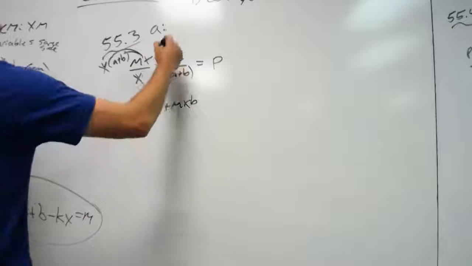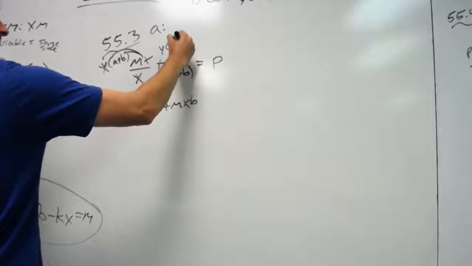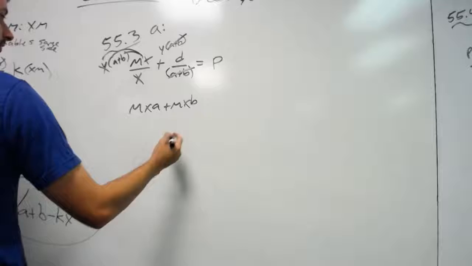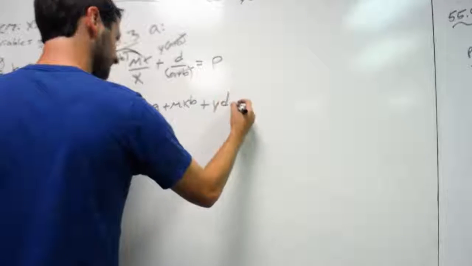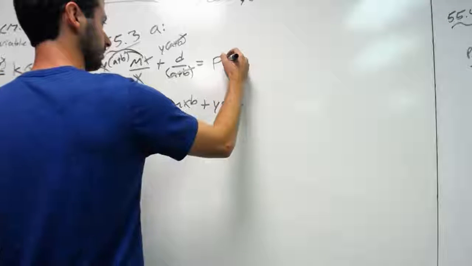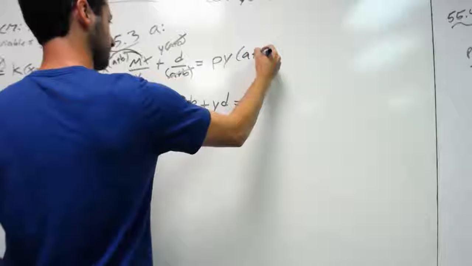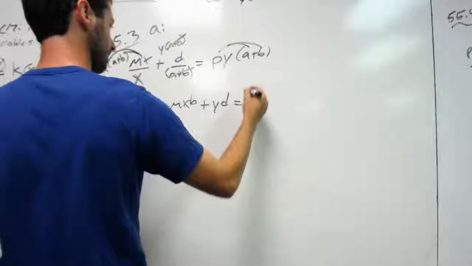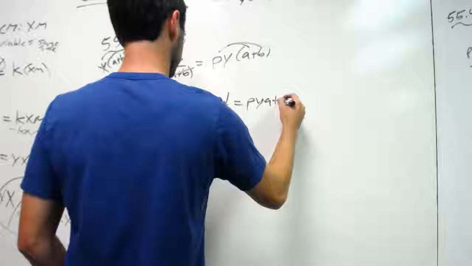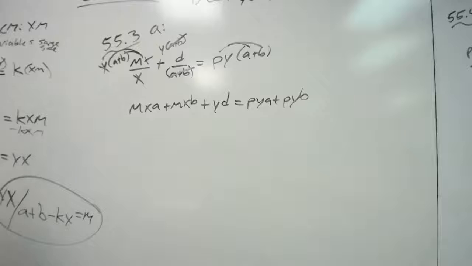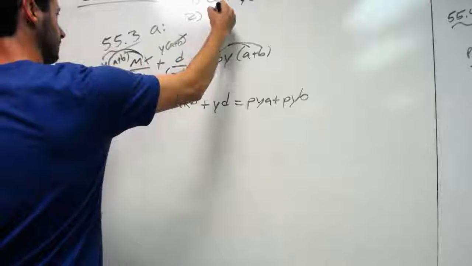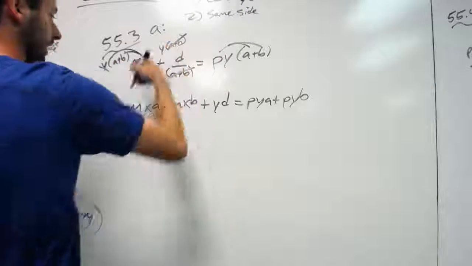Let's see, we've got y times a plus b here. Nice that those cross out, so plus yd equals py times a plus b. I'm going to go ahead and distribute: pya plus pyb. And then second step, same side for a.